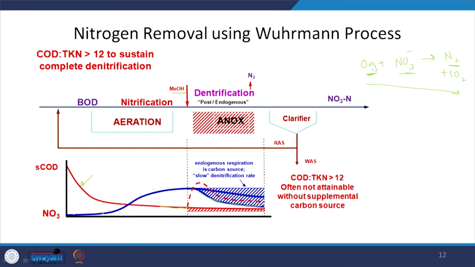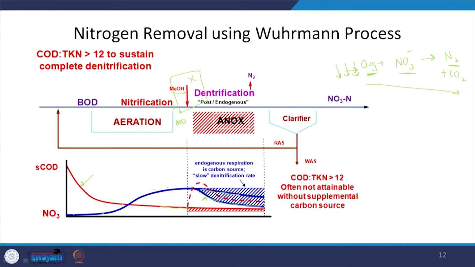So, this is the path for NO3-, but if I do not add methanol, right, what is going to happen? There will still be some BOD or COD in this treated wastewater. So, that can act as the source of my organic carbon for this reaction, but typically in my treated wastewater the organic carbon will be relatively less, right, and thus obviously the rate of this reaction will be relatively slow.